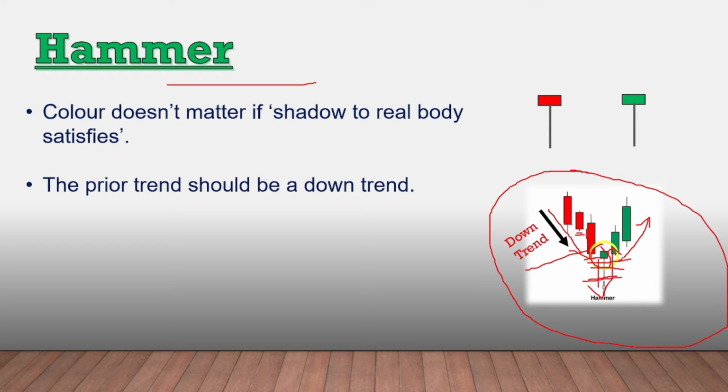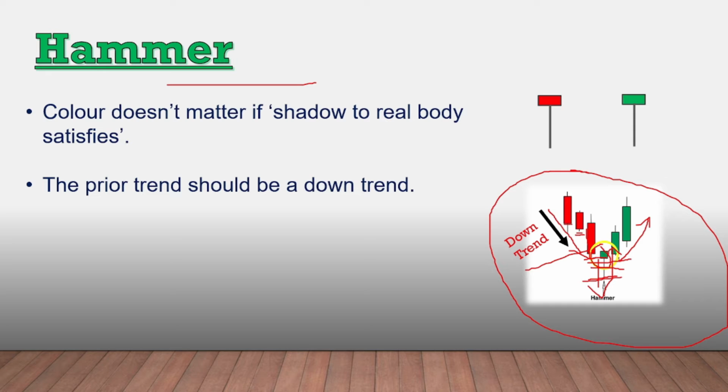From there, it gives a strong signal that compared to the previous trading sessions where sellers were dominant, at this price point buyers came into the picture and took control over the stock. Whenever we see a hammer formation on the chart, provided the previous trend is a downtrend, one can absolutely look for buying opportunities at this level.